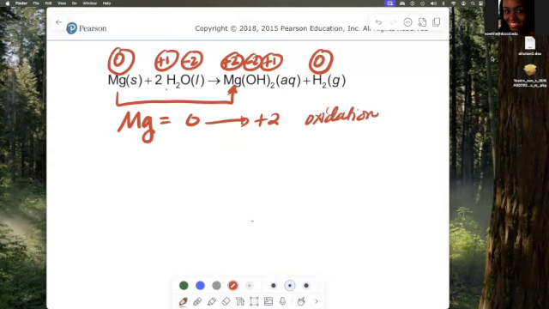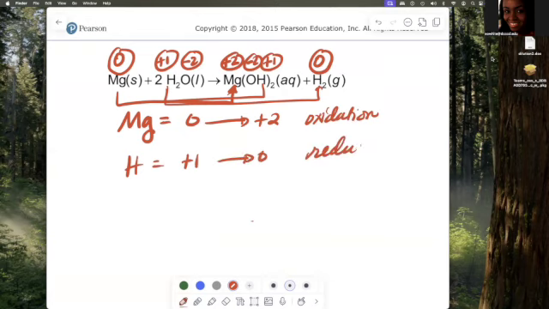Hydrogen goes from +1 to 0. That will be reduction. So we could say magnesium is undergoing oxidation, or is being oxidized, and hydrogen is undergoing reduction.